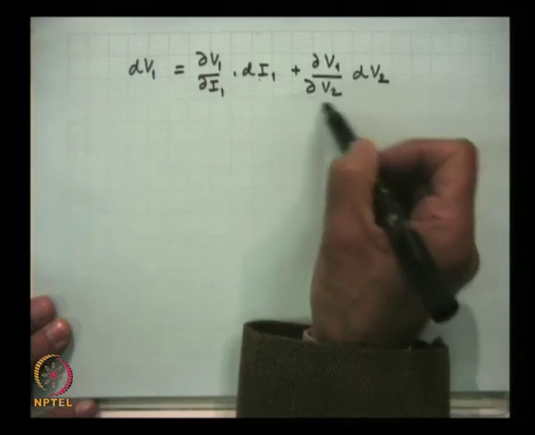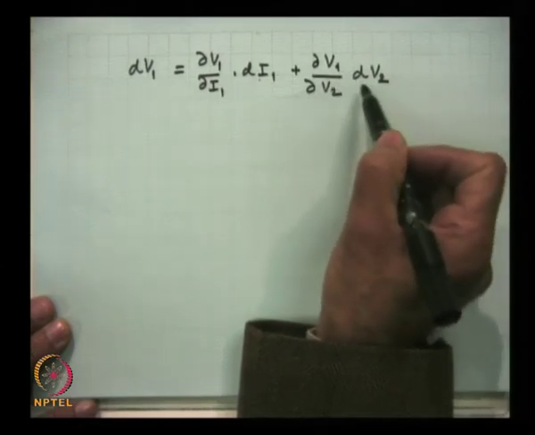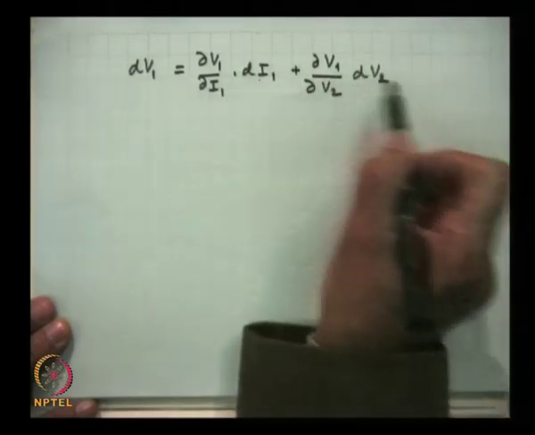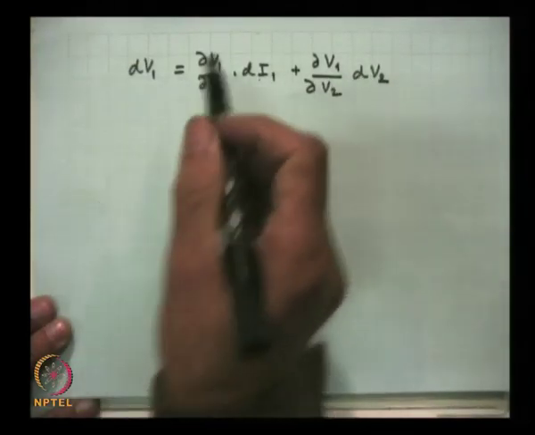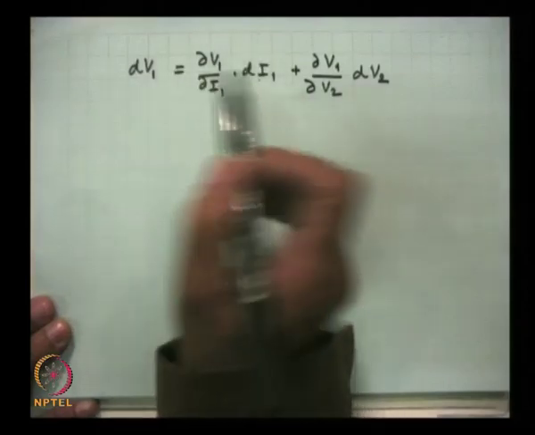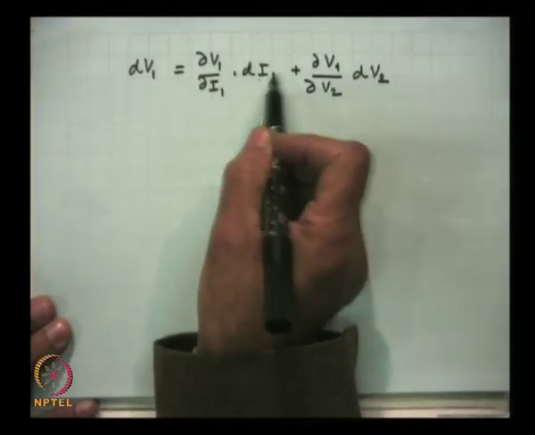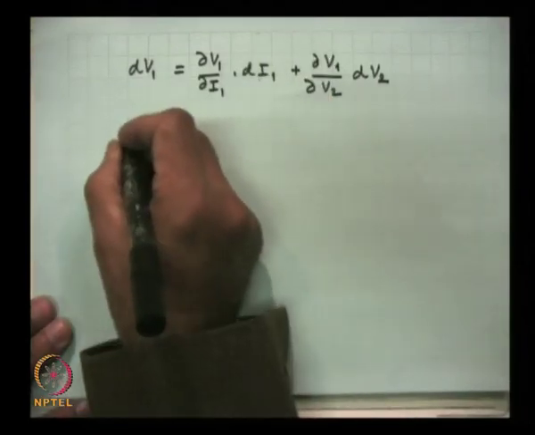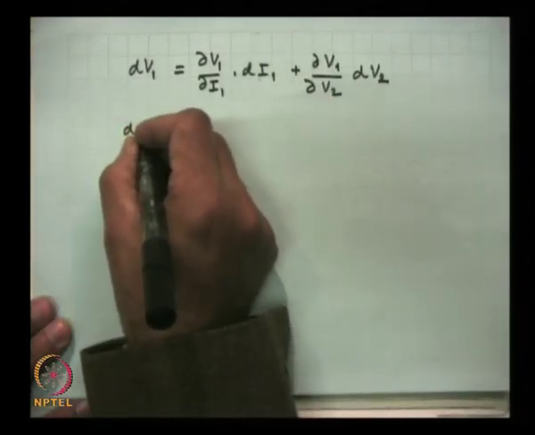So, this is the rate and this is the total change in V 2, and hence this is the total dependence of V 1 on I 1 and V 2. Similarly, we can write the other equation.